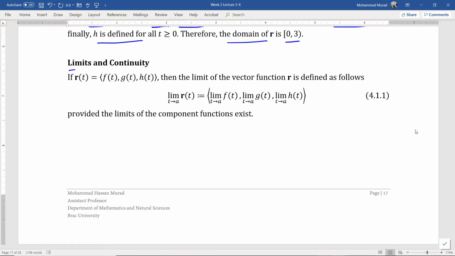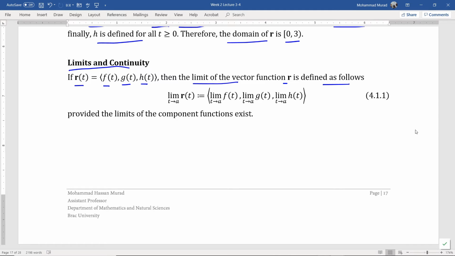Limits and continuity. If R of t, the vector function, has the component functions f, g, and h, then the limit of the vector function R is defined as follows.